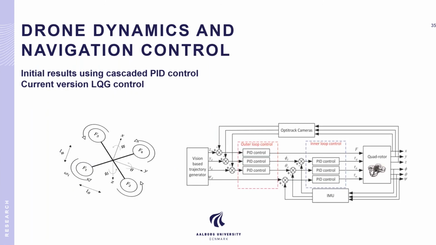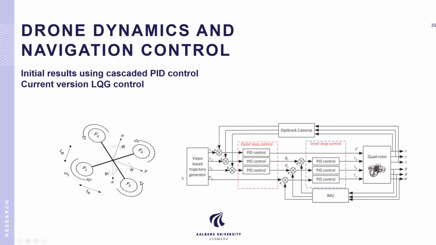The controller that we use for this initial work, we first used the Quanser controller because we wanted to get acquainted with the system, and it worked very well for us. And the structure looks like this. We use the OptiTrack cameras to find our absolute position in the room, and then we use the IMU for our attitude control.